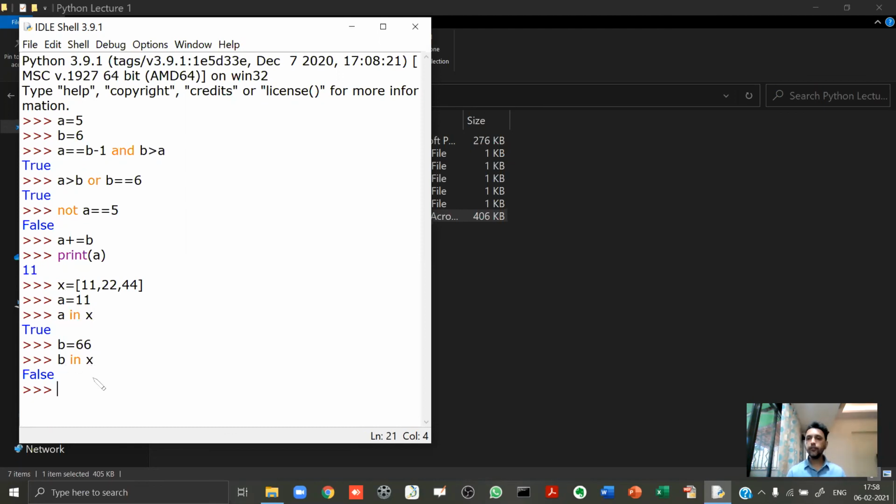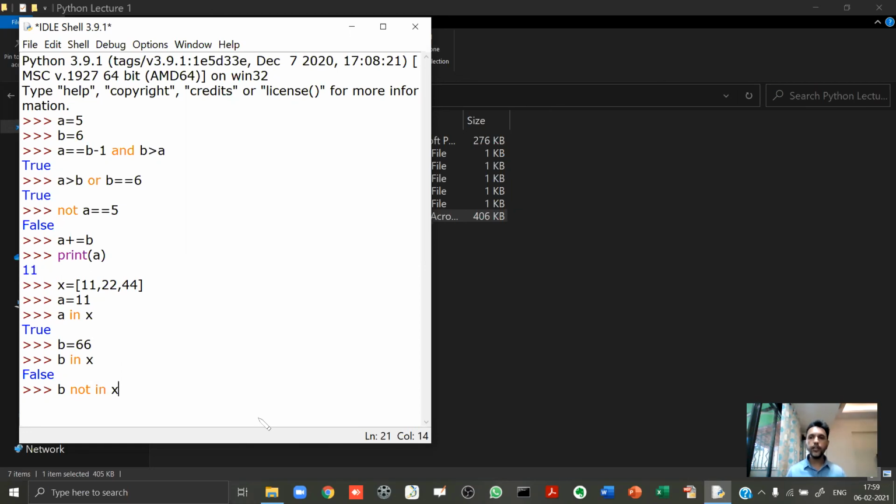Now, instead of checking whether a is a member of x, we can also check whether it is not a member. So what I can do is I can type something like b instead of a. Let's say I write b not in x. Come on, if you're really attentive, can you tell me what not in will do? So not in will check whether b is not in x.